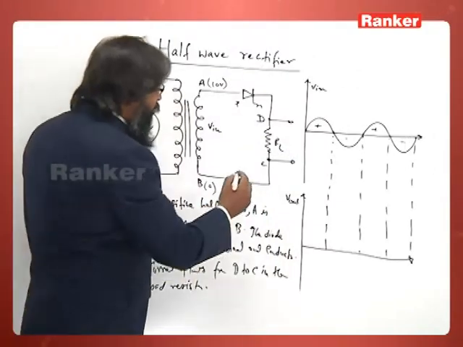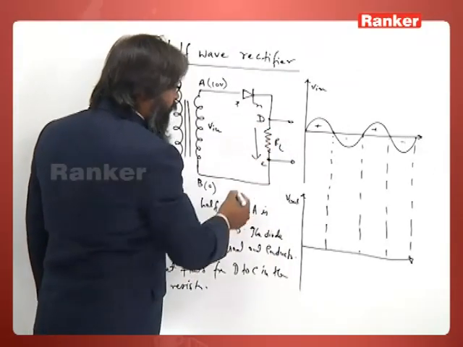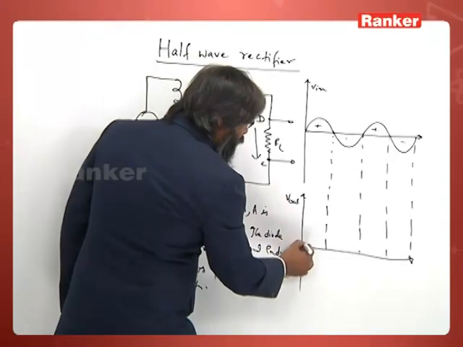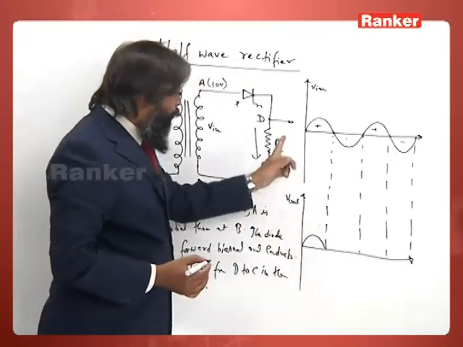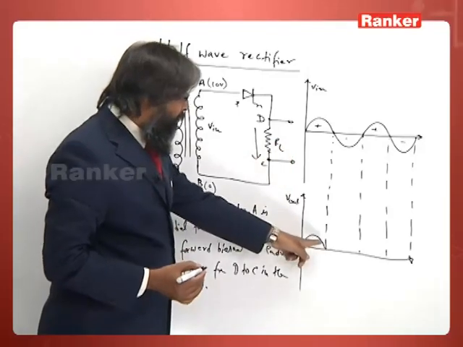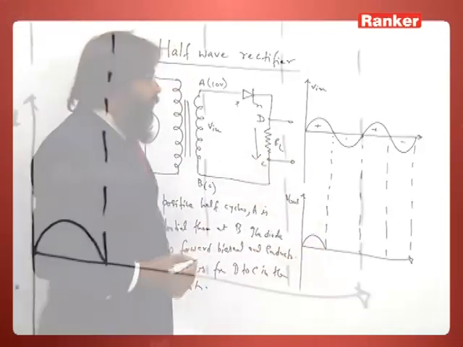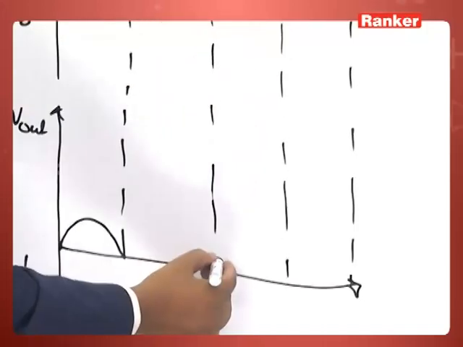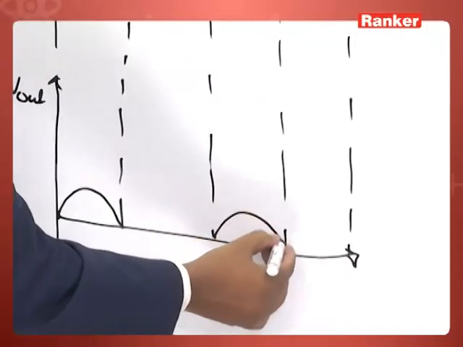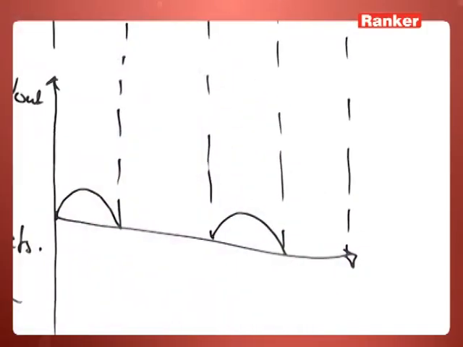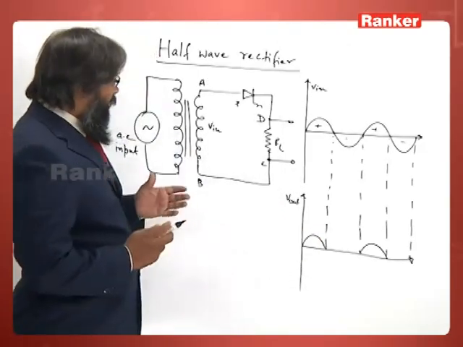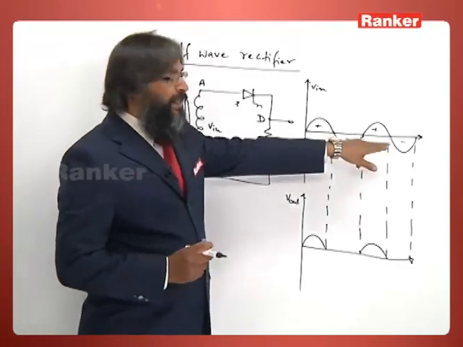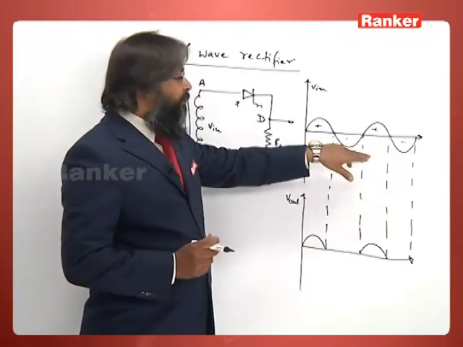So, the direction of current is from D to C in the load resistor. This becomes the output voltage we will get. This will happen every time the diode is forward biased. Please see this diagram.